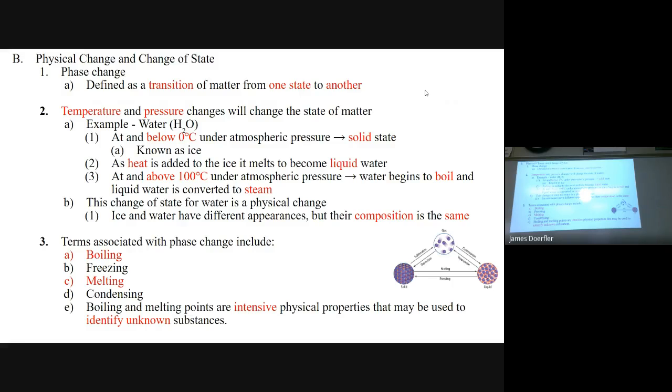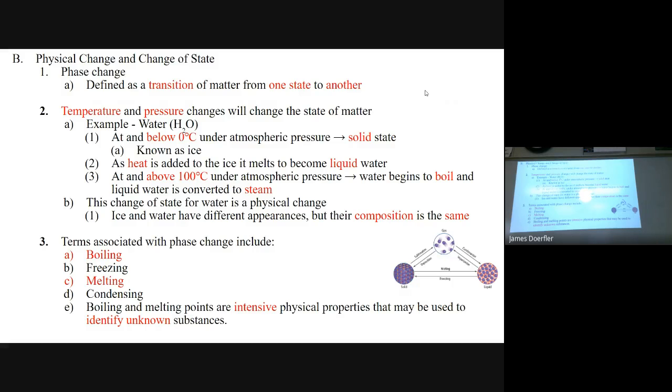Now what's interesting is, as you measure the temperature of boiling water at normal atmospheric conditions, you'll notice it won't go any higher than 100 degrees Celsius. Even though you're cranking in that heat, it will only go up to 100 degrees Celsius.